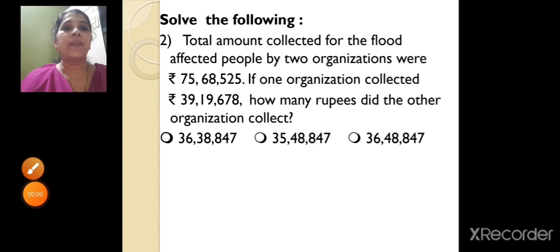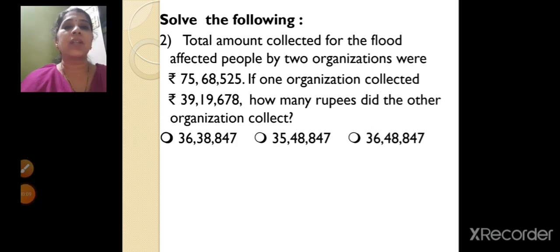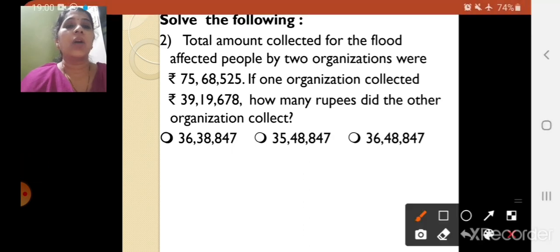So what is given in the question? Two organizations, they collected the amount of rupees 75,68,525, right? So now one organization, it collected how much rupees? It collected rupees 39,19,678, right? So we have to find out the other organization, it collected how much money.